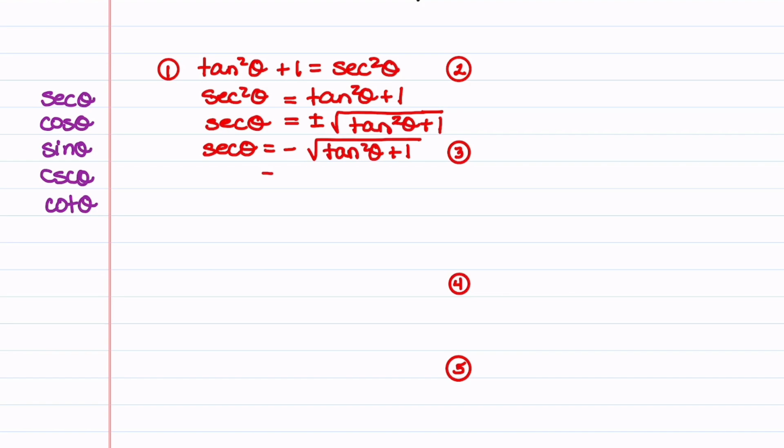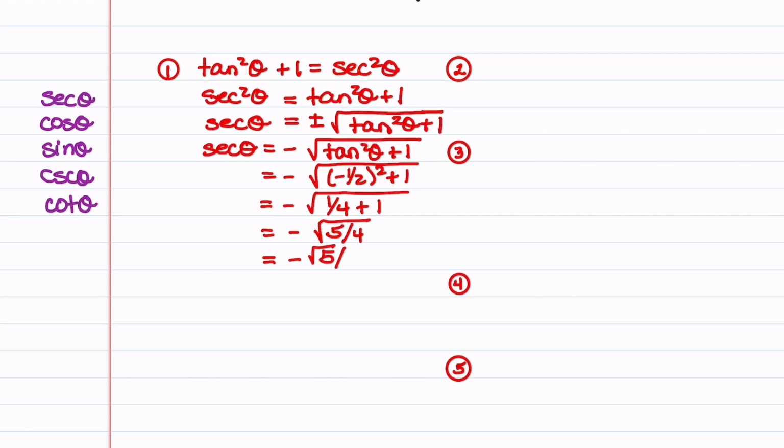We'll plug in that tangent theta is equal to minus 1/2. This gives us minus the square root of 1/4 plus 1, which is minus the square root of 5 over 4, which gives us an answer of minus root 5 divided by 2.